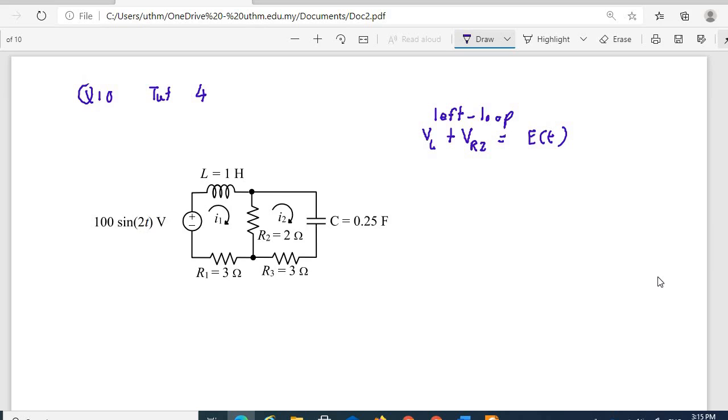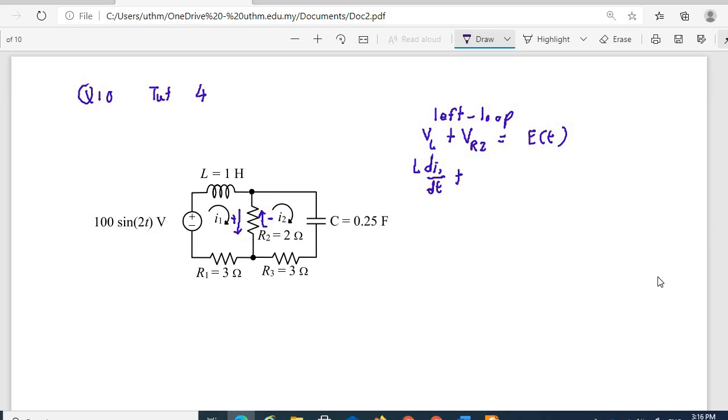So VL is actually current I1, so you have L dI1/dt. For R2, I1 is anti-clockwise, so positive, and for I2 the direction is opposite, so it will be negative.